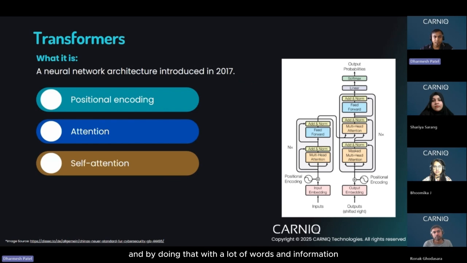By doing that with a lot of words and information, it will try to understand how this language is being communicated. The neural network structure prepares itself by this, and this process is called position embedding. This helps the transformer to actually translate from one language to another.